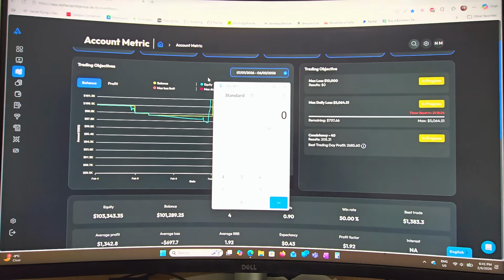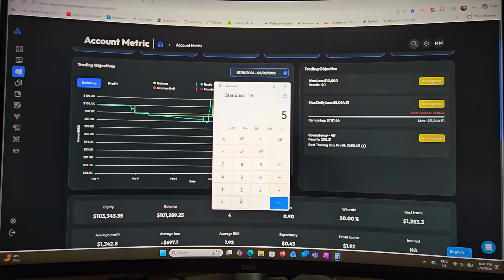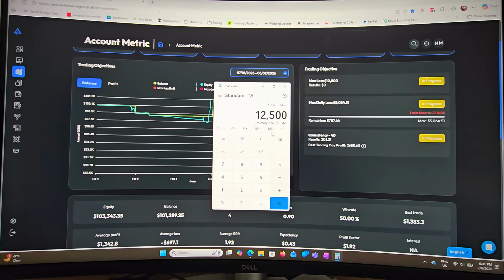for us to request a withdrawal, how much will we need? 0.4. We'll have to have 13,000. We need to be $13,000 in profit for us to request a withdrawal.